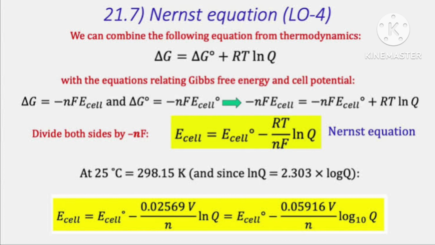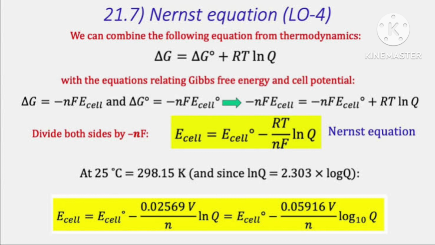That's why the copper ion concentration decreases. Cu2 plus keeps on decreasing. At the same time, the voltage of the cell as read on the voltmeter keeps on decreasing, because the copper ion concentration is decreasing.